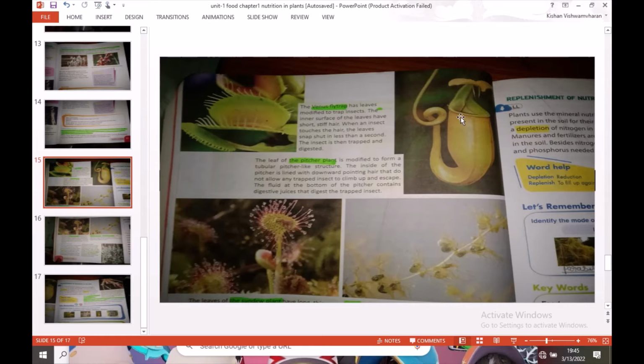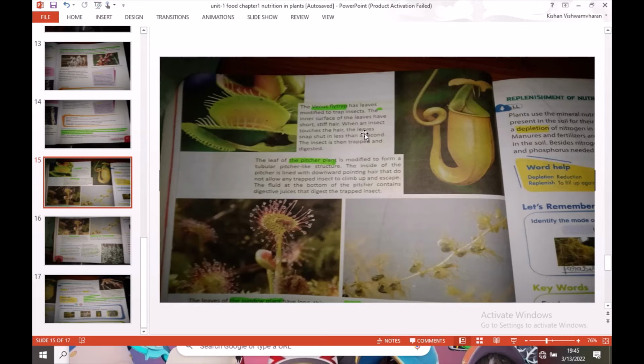It can't come out as it has downward-pointing hairs, so it can't climb up or fly, as the fluid has fully touched the wings and is very sticky. After some time the insect will die and decompose, and become nutrition that goes to the main plant, the stem, and some nutrition will come for the plant.